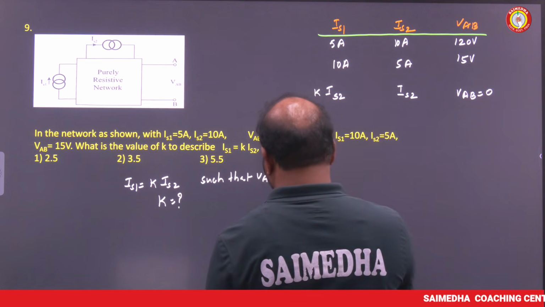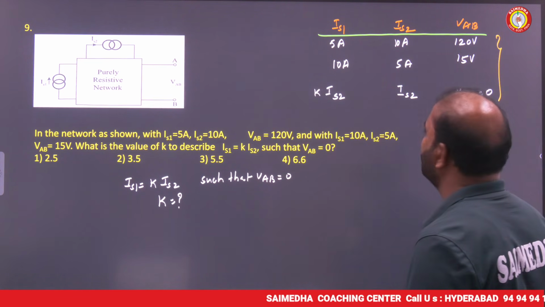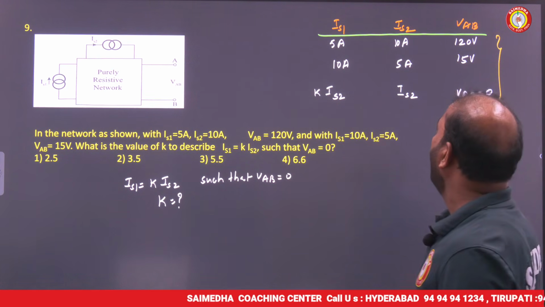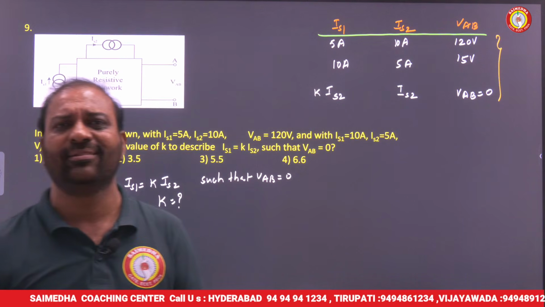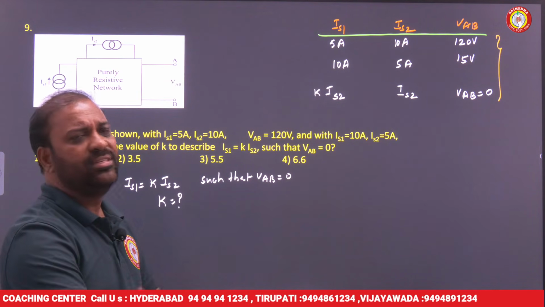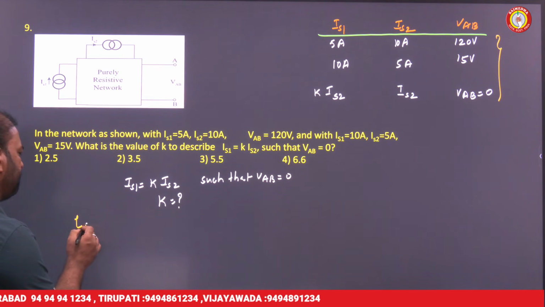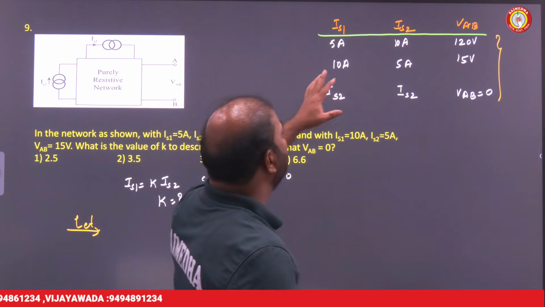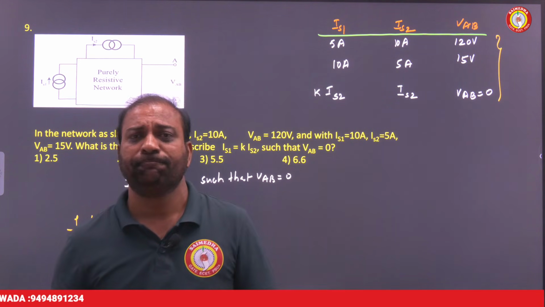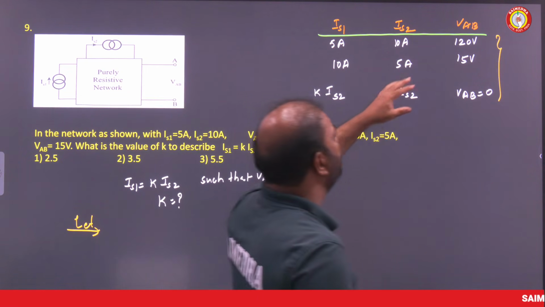My friends, I'm going to write all these calculations in terms of two equations. How are these two currents IS1, IS2 and the voltage across terminals AB related? Let us consider that IS1 and IS2 are changing and it is leading to a change in VAB.